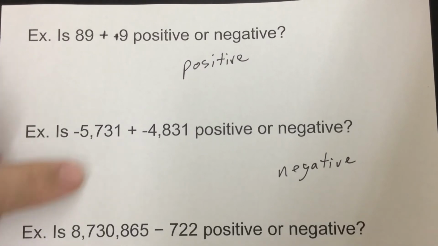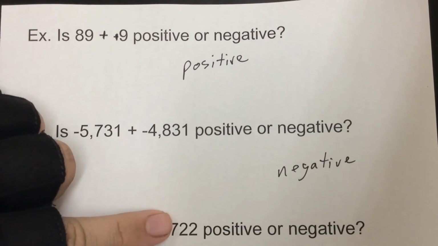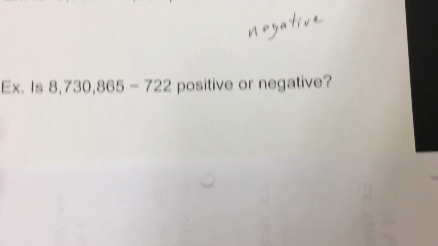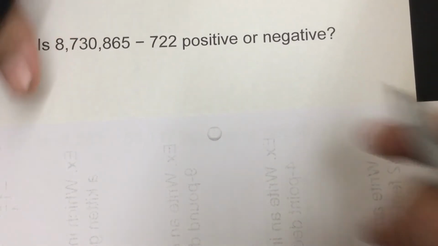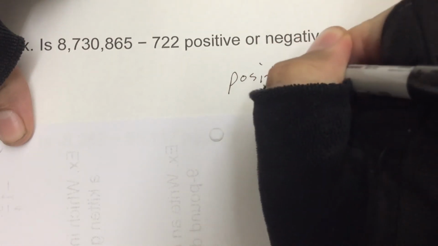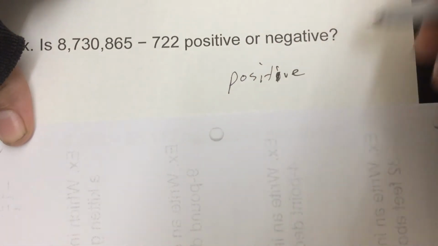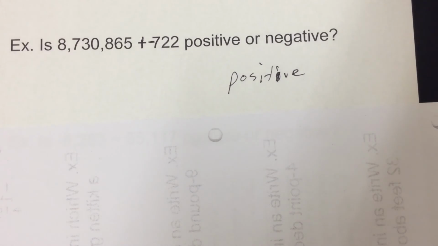All right, positive number minus another positive number. So really with this, you can look at, okay, we have a big number, we're subtracting some, the bigger number is positive, so this is going to be positive. Another way to look at it is, well, we'd be adding a negative.